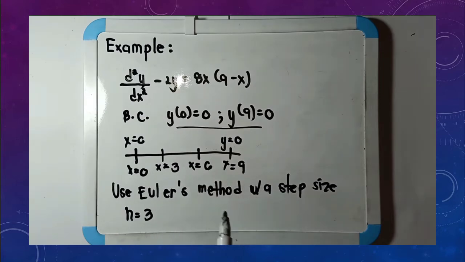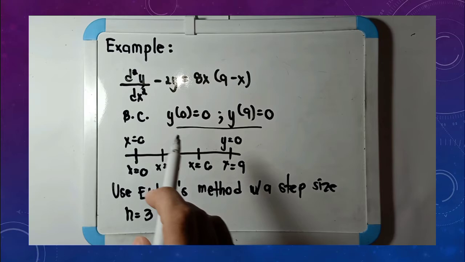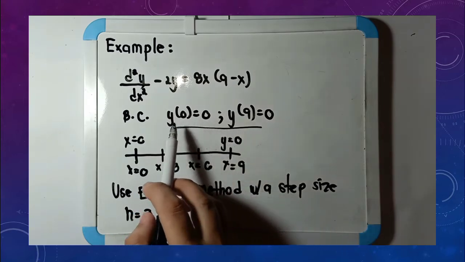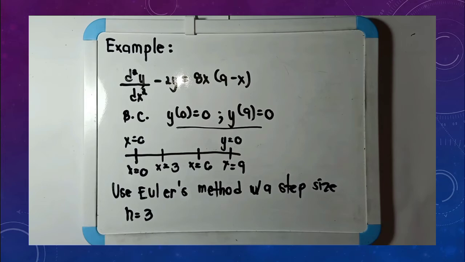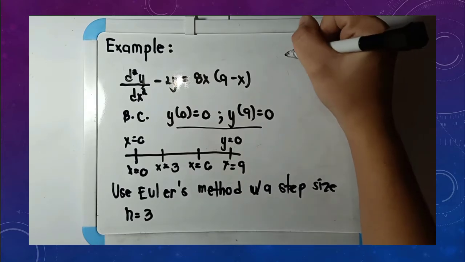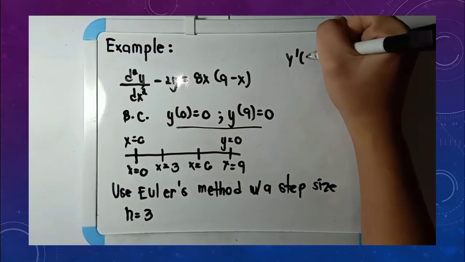So in here, we don't have a problem anymore of knowing the value of y at x equal to 0 because that would still be the initial value that we will use in solving this problem. But since our value of the derivative of y is not given, then we will just assume it to be something. So in here, let's assume that y prime 0 is equal to 4.